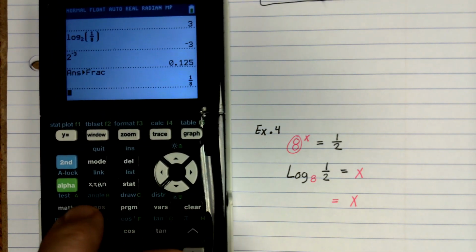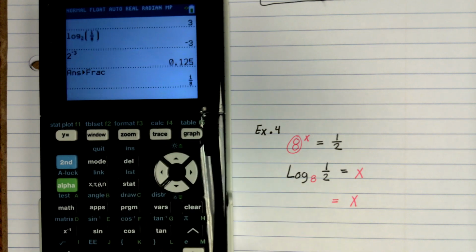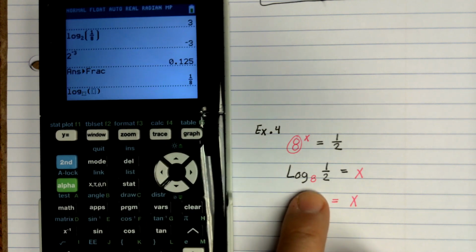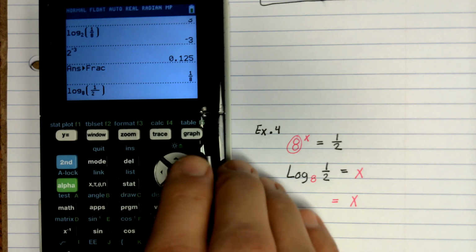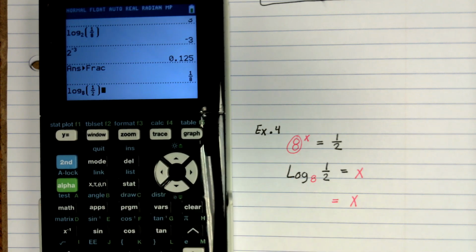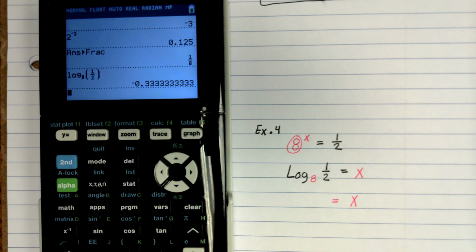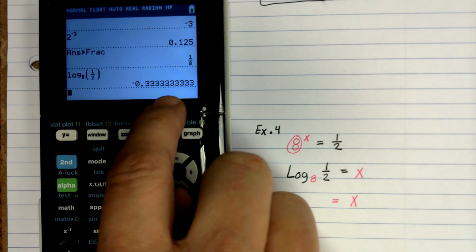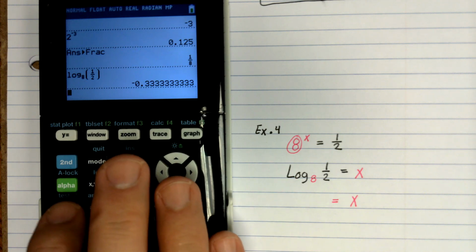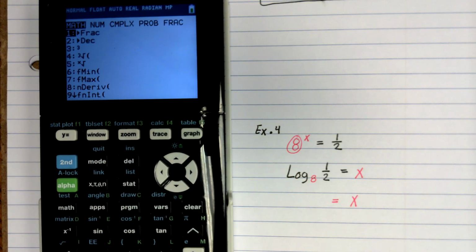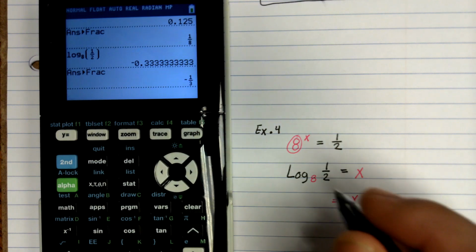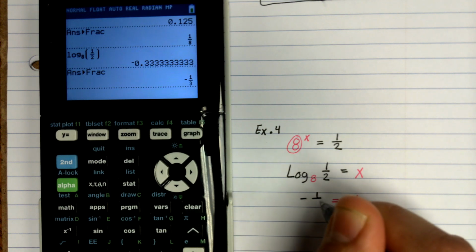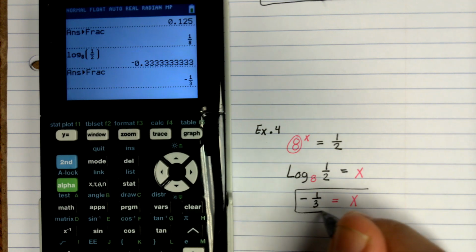I'm going to hit math, log base, and then I'm going to put in my 8 for my base, and I'm going to put in 1/2 for the answer, and then I'm going to hit enter. And notice it gives me -0.3 repeating. Now if I wanted to convert that to see what exactly that is, I can hit math, enter, and it tells me that it is -1/3. So -1/3. That is what x is equal to.